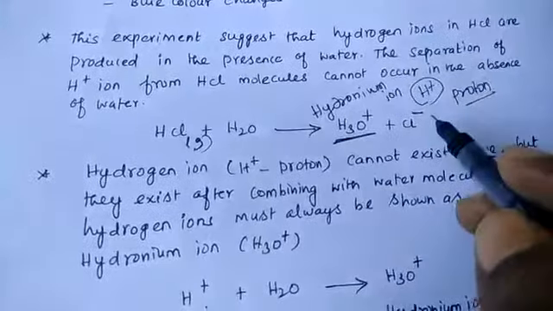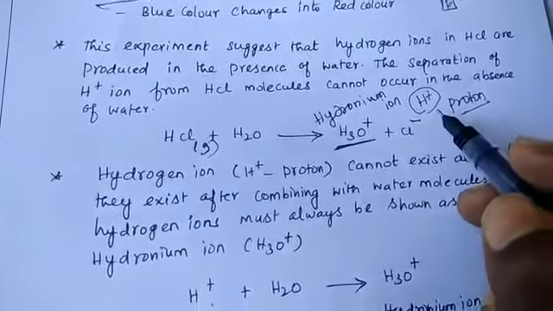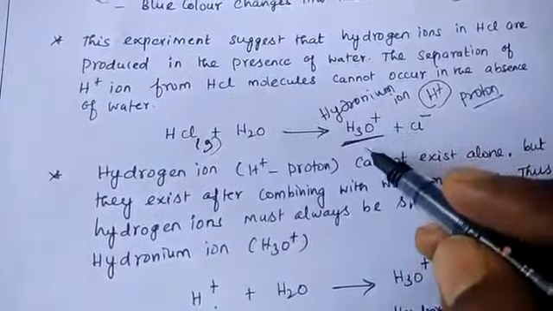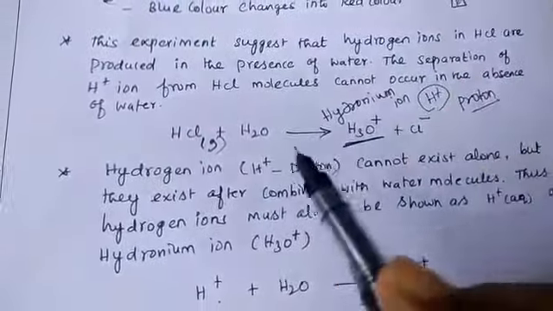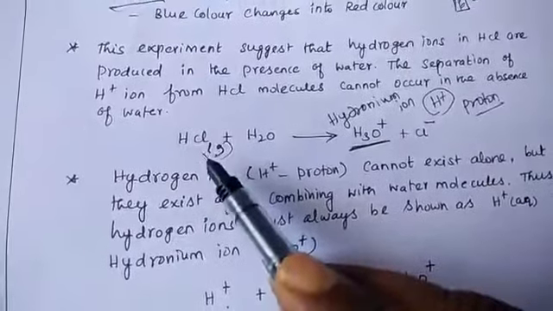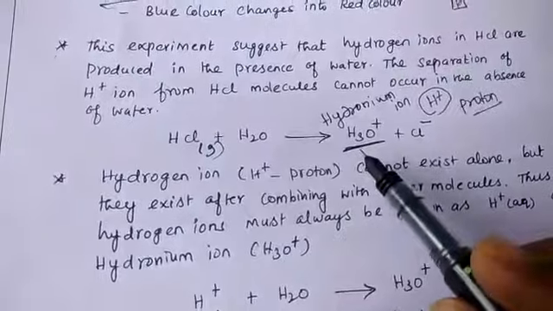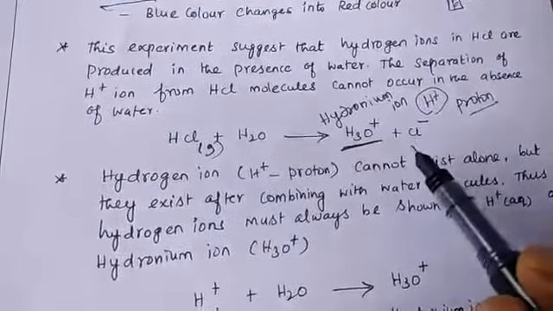This proton is unstable. It suddenly reacts with water to form hydronium ion and chloride ion. So hydrogen chloride gas reacts with water to produce a hydronium ion and chloride ion.